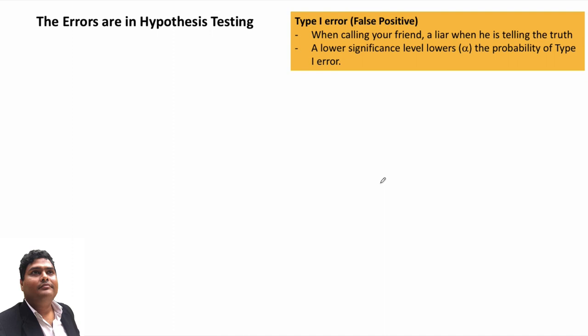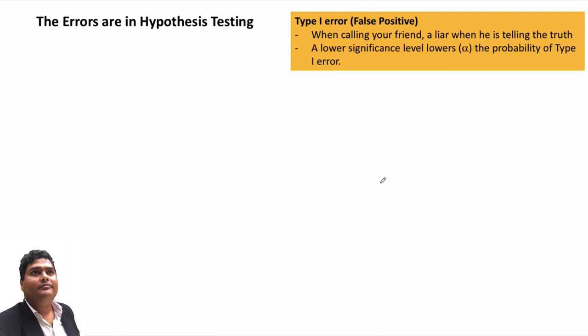In that case, you're supposed to reject that, but you are accepting, or you're supposed to accept that but you are rejecting. In that case, I call this a type 1 error. And the significance level, that means the alpha, which we have explained in the previous section, is the probability of the type 1 error.